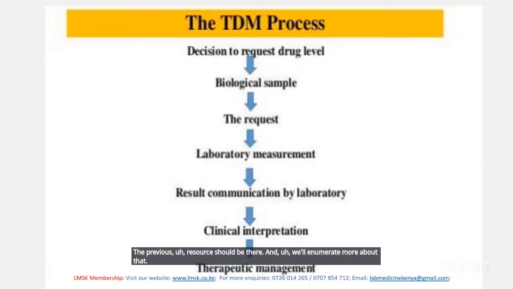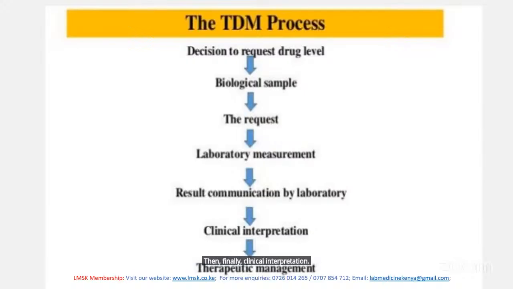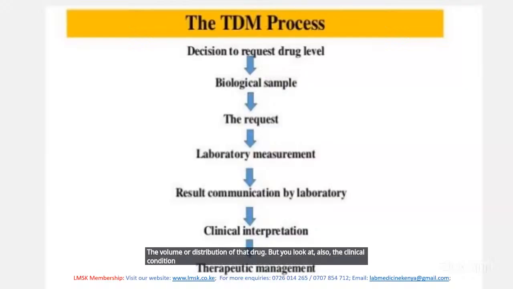Then finally, clinical interpretation. The clinical interpretation of TDM will take cognizance of the patient's condition at the time that the drug is being monitored. So you don't just look at the amount of drug, the volume of distribution of that drug, but you also look at the clinical condition and make a judgment depending on the clinical condition.